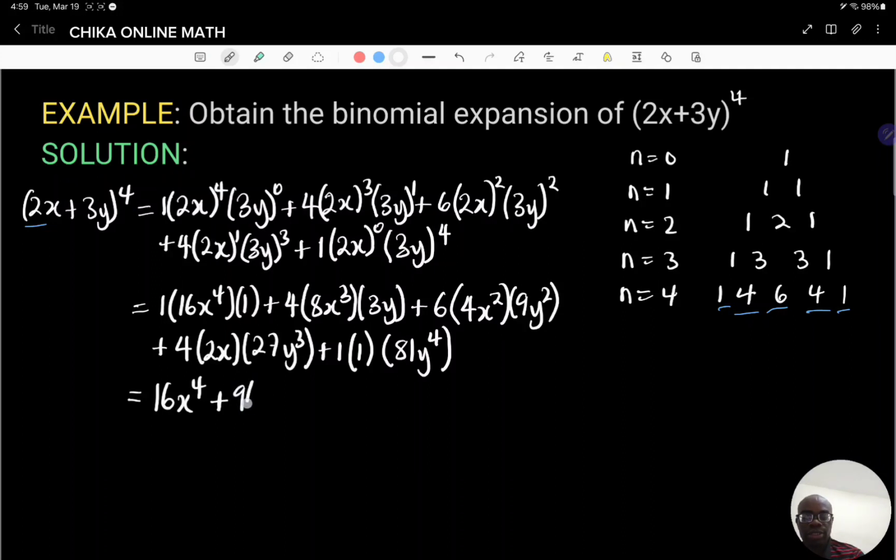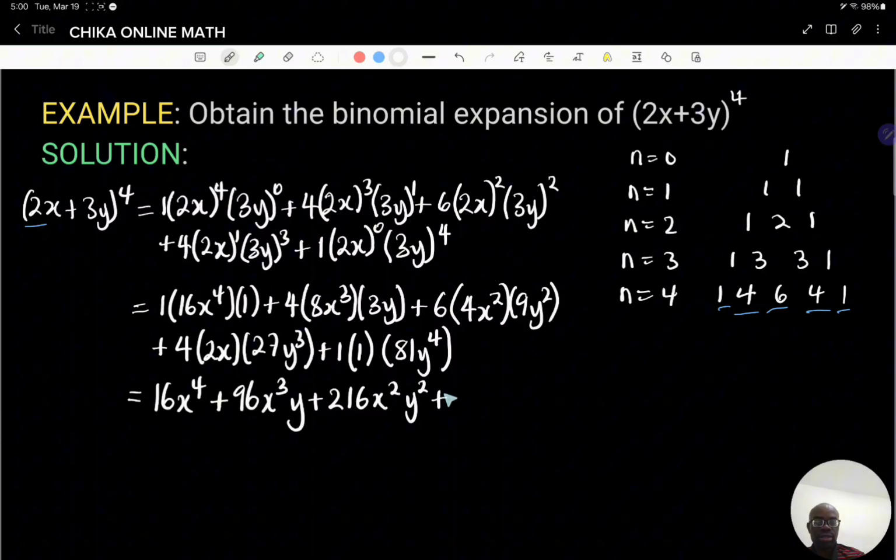So we have 96, and the variables are x cubed y. Plus, in the third term, we have 6 times 4, which is 24, and 24 times 9 gives us 216. So we have 216, and the variables are x squared y squared.